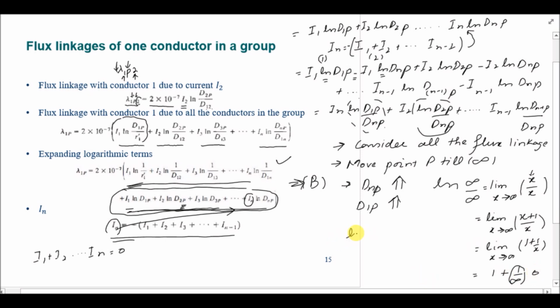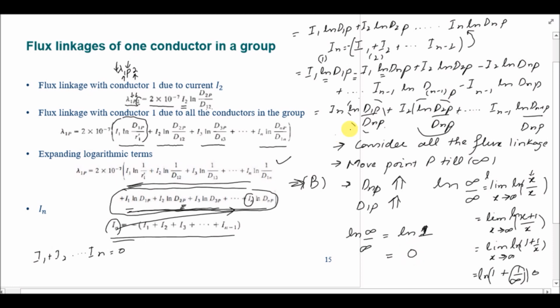So the limit of the natural log of infinity over infinity is ln 1. Actually there is an ln here, I had missed this term. So this will become ln 1, and ln 1 is equal to 0.